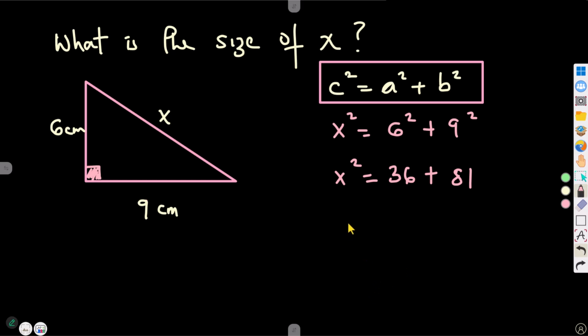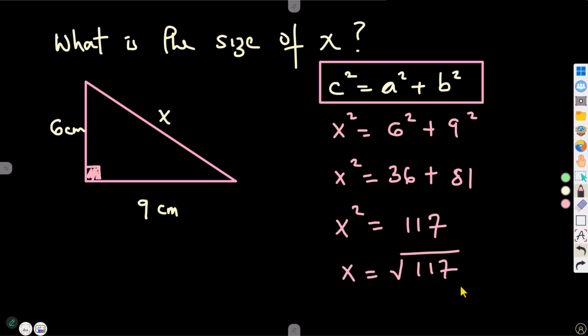Good. Again, we can simplify this in the next step. x squared is equal to, if you add these two numbers, what do you get? And now, to get x, you take the square root of both sides, and that will be the square root of 117.